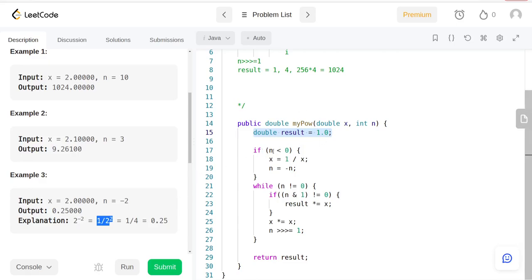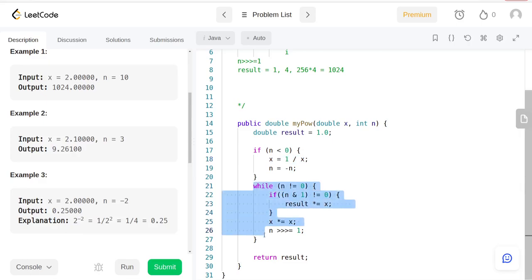So that's what the algorithm says: when n is negative, mathematically they are equal, so make n positive but make x equal to 1 by x. That's going to have the same value. When n is negative, you can just do 1 by x over here.